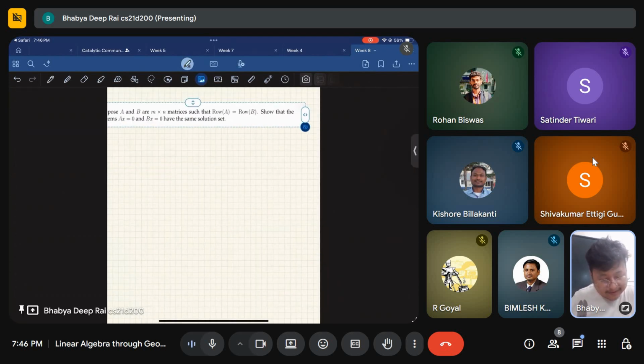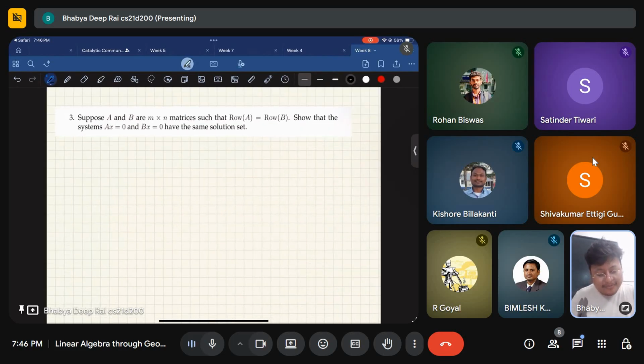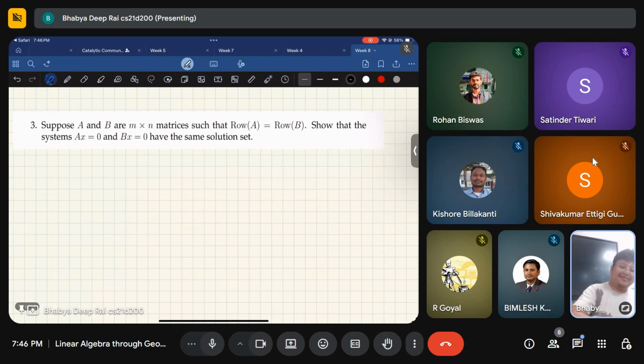Try your hand at this, okay. This is simple. Suppose A and B are m cross n matrices such that the row space of A is equal to the row space of B. Show that the systems Ax equals 0 and Bx equals 0 have the same solution set.